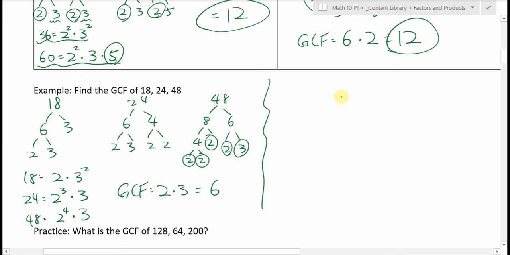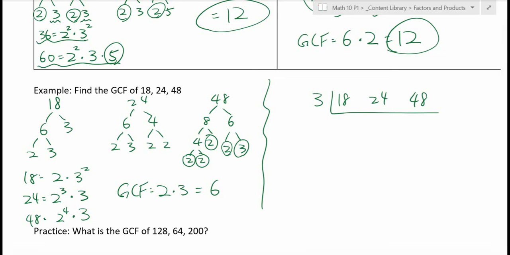You could also do it by the continuous division method. However, if there are 3 numbers or more, there's a little trick, I think. So I'll show you. I'm going to start with a 2, because all numbers are even, therefore I know 2 will go into all of them.